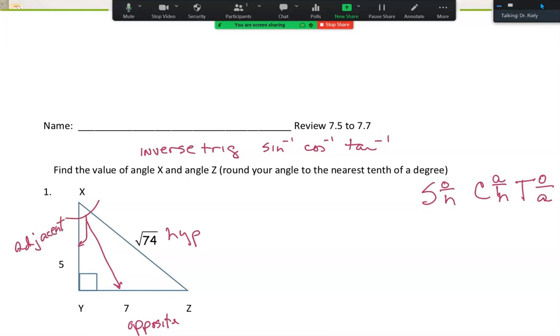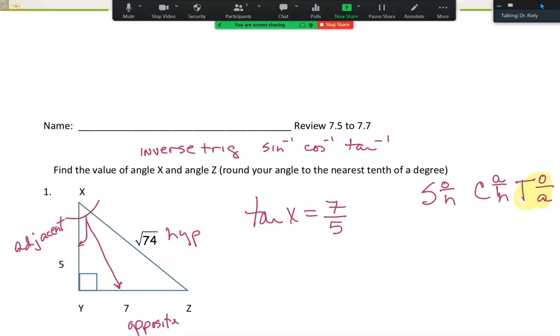Okay, set up your ratio. Since I'm going to do opposite over adjacent, that's going to be tan. So I'm going to say the tan of X equals opposite over adjacent. You have to have this ratio first.